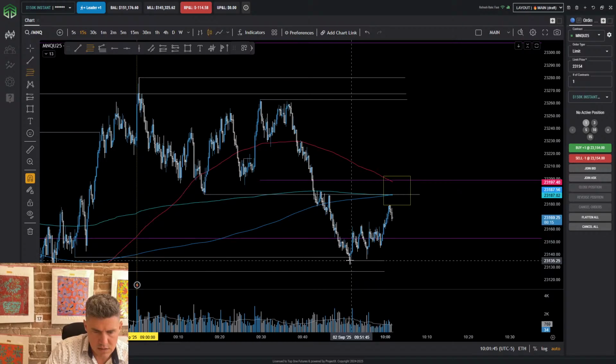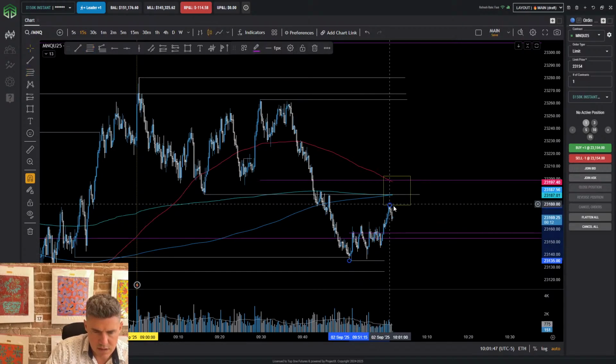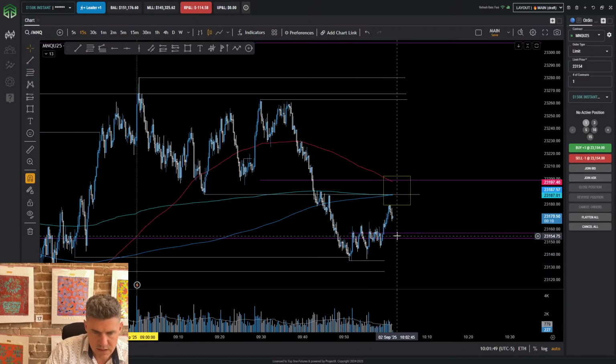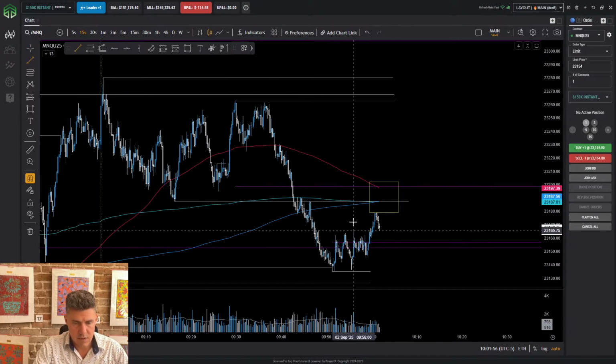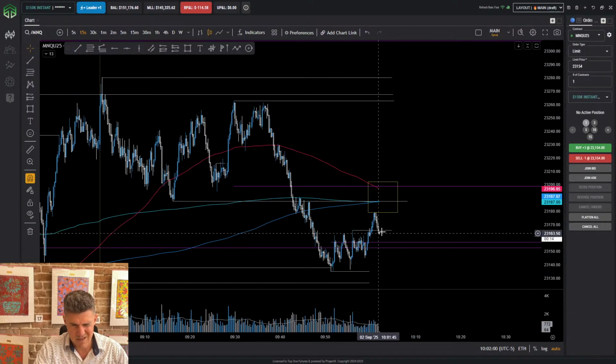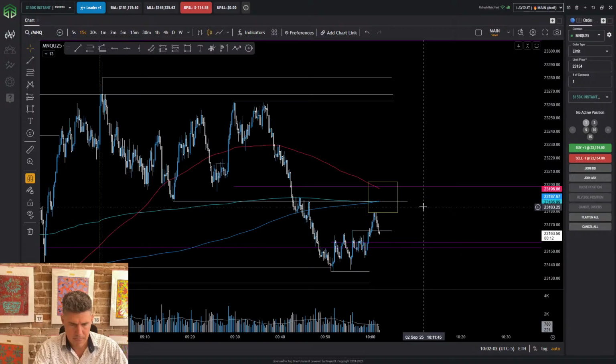So this makes sense. Let's see 50% of this leg. Price gets below this, dicey. Kind of want to see it continue higher back up to the moving averages somewhere right around here.